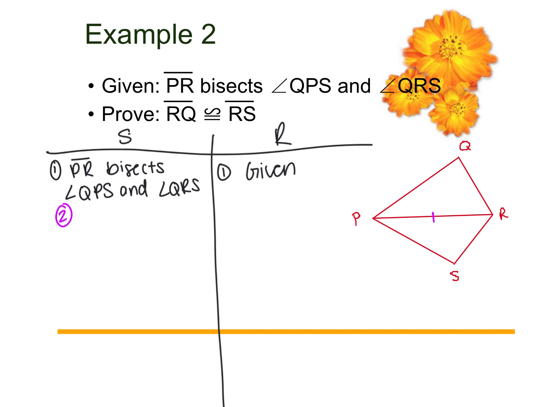And looking at it, that is PR is congruent to PR. This is an R. And that is reflexive. If you did not put reflexive, please change it to reflexive.